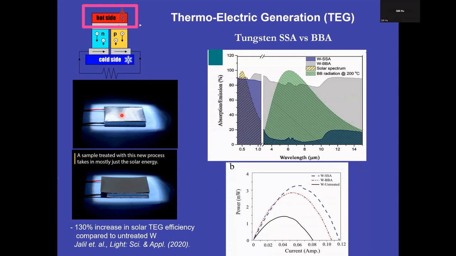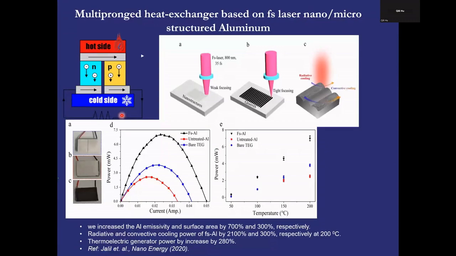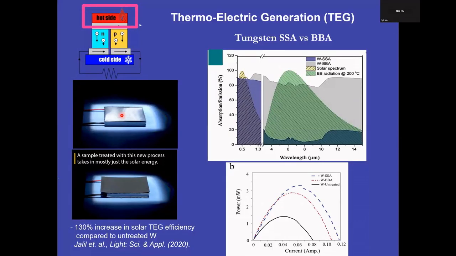And we just bought a TEG device from the market, and then we put our black metal on top and integrated our black metal technology, and we put a solar simulator and started looking at this. And lo and behold, you can see the absorption immediately increase. Here is a regular surface.